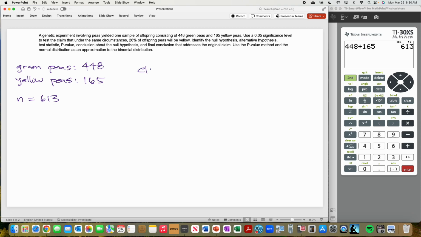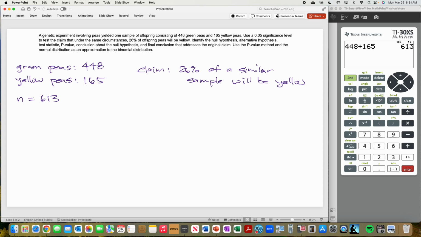So the claim is that 26% of a similar sample will be yellow. We'll leave that there.